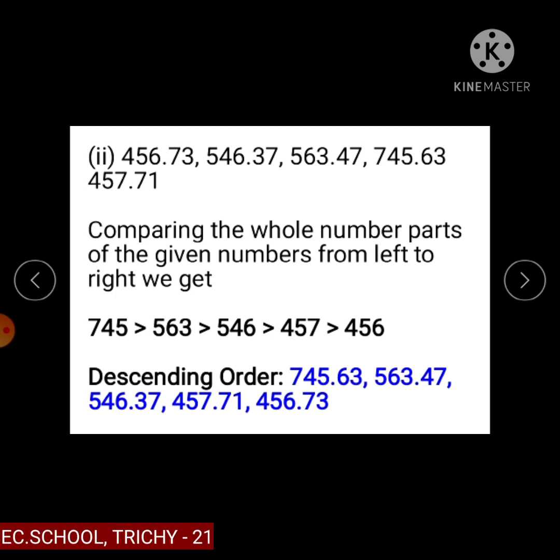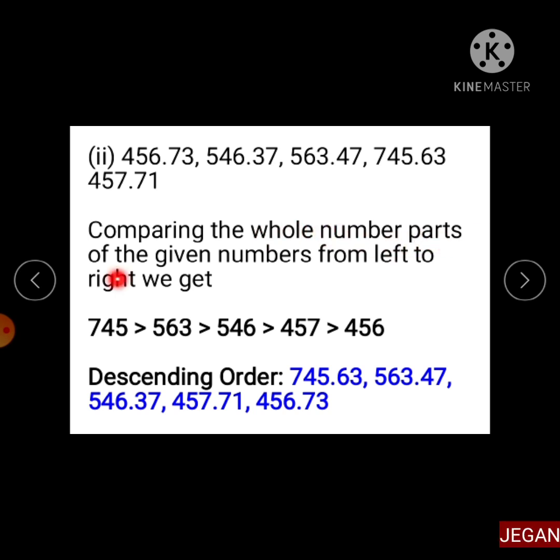Subdivision 2. 456.73, 546.37, 563.47, 745.63, 457.71. Now we compare the whole number parts of the given numbers from left to right.